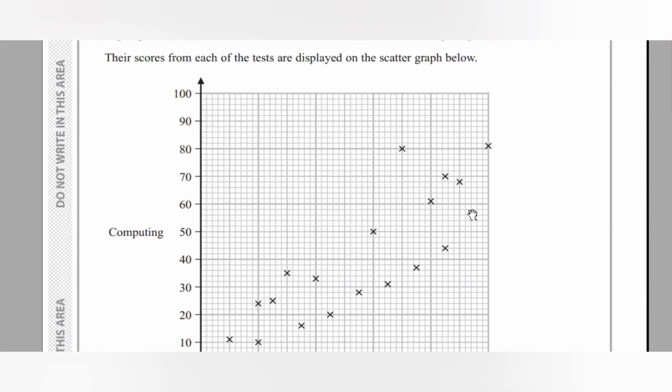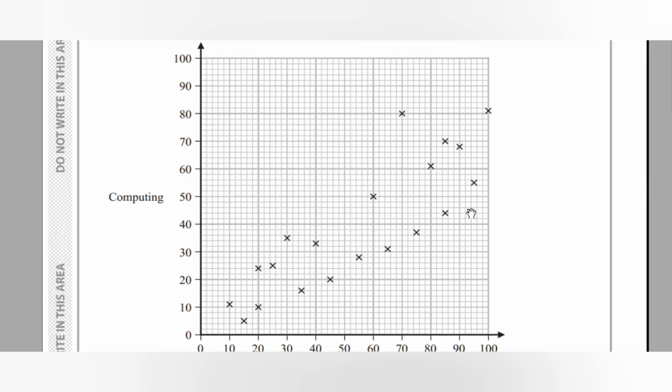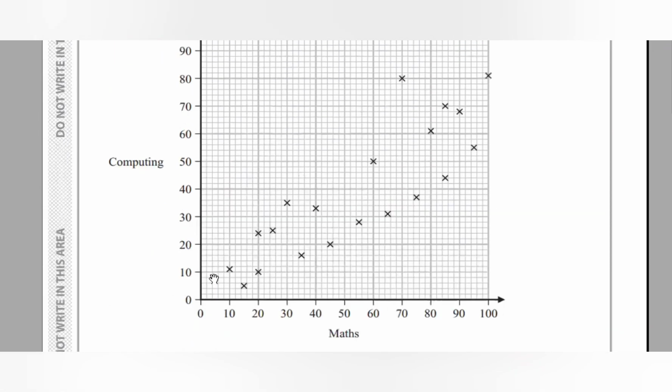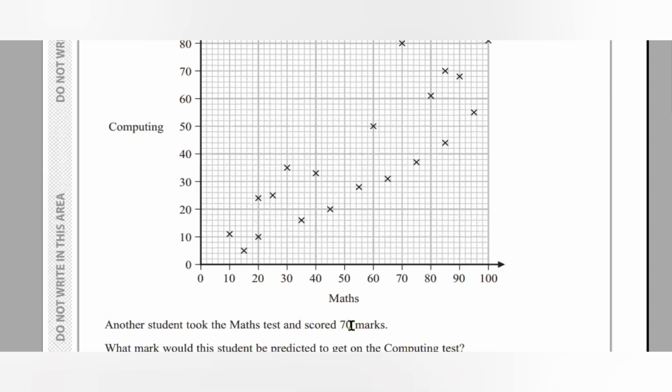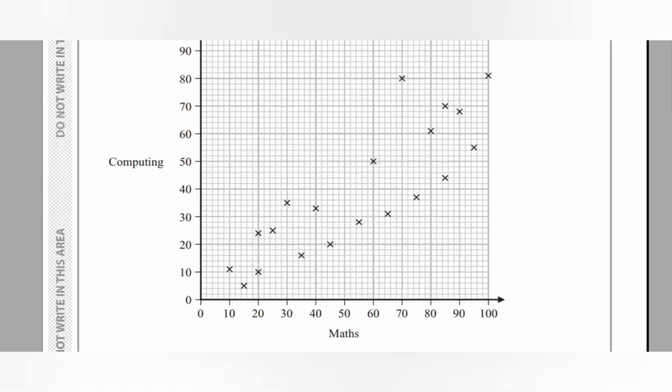To use a scatter graph for predicting, we have to draw the best fit line, or the line of best fit. Now let's take a look first here. We know that he got 70 in maths. This is maths. Now we're going to draw the best fit line like this, something like that, almost in the middle between the data, because the data is everywhere.